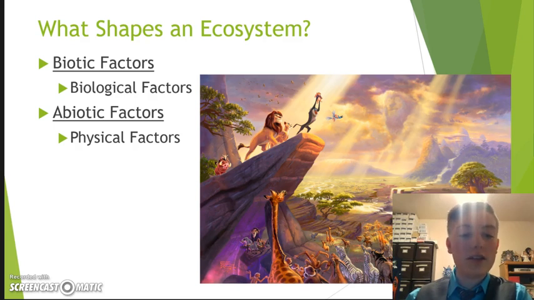So you can see that the different living organisms, so Simba and Rafiki and the other animals in the picture, are the biotic factors, and then Pride Rock, the air, the clouds, those are the different abiotic factors.